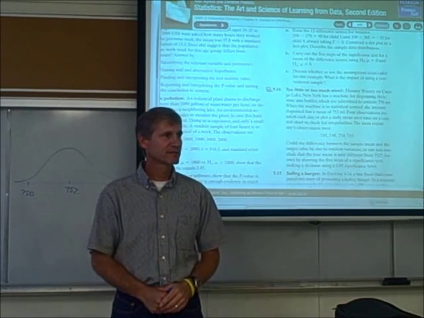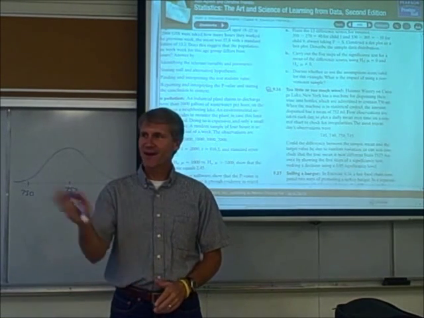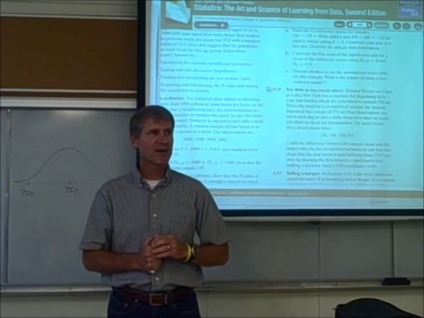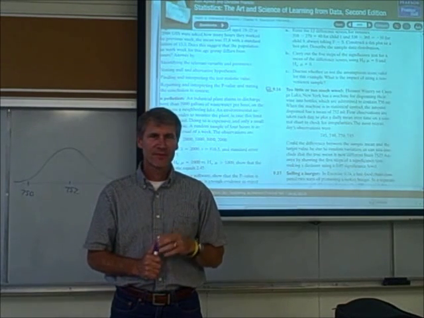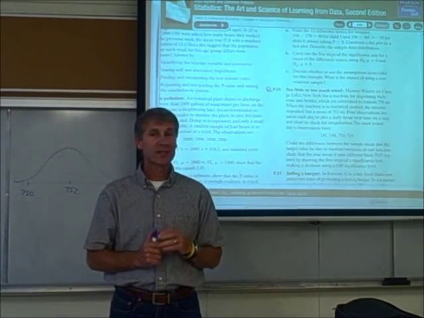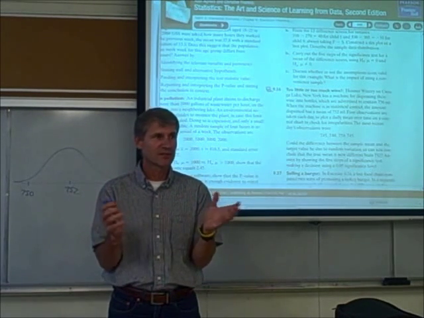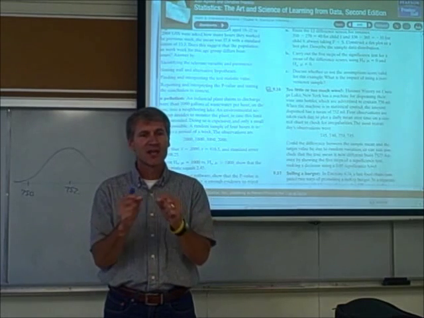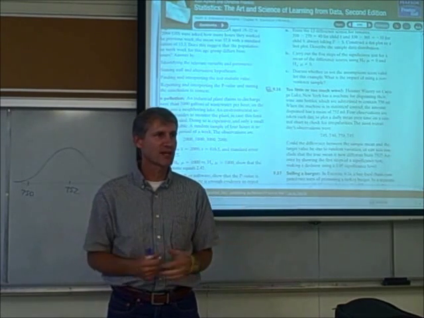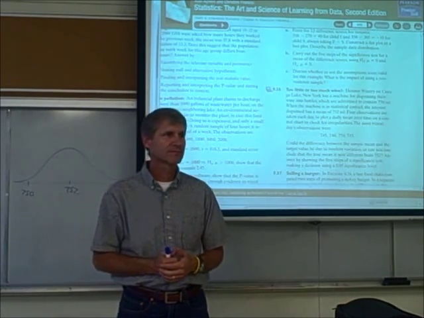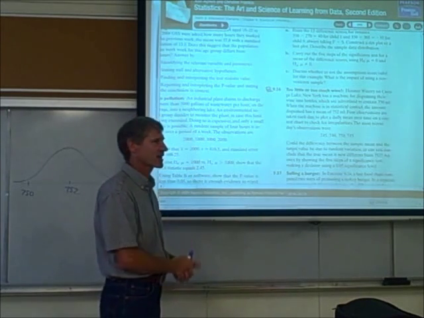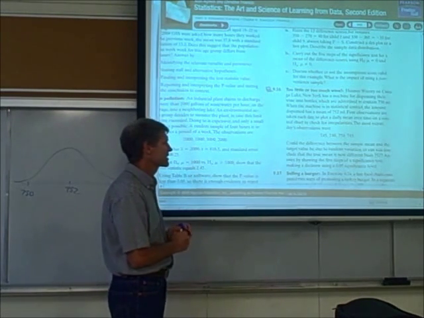That's possible, isn't it? But not very likely. Guess what the p-value tells you? How likely that is. Saying, well, yeah, it's possible, but if the p-value is 0.001, there's only a 1 in 1,000 chance that this is due just to random chance. So then you would reject. Exactly. That's the way a hypothesis test works.